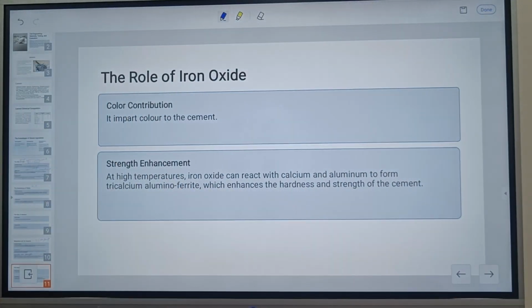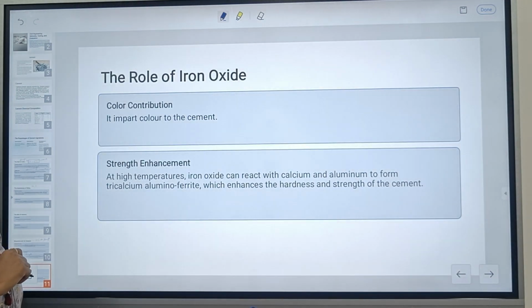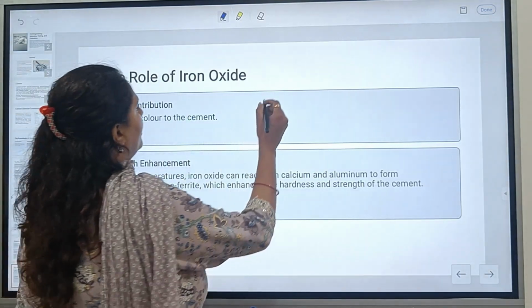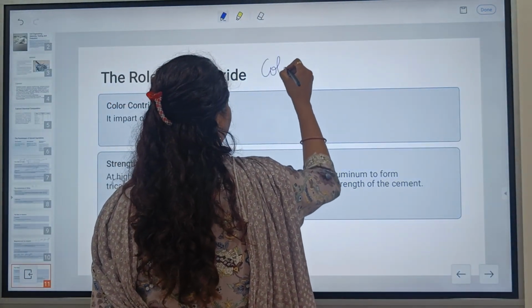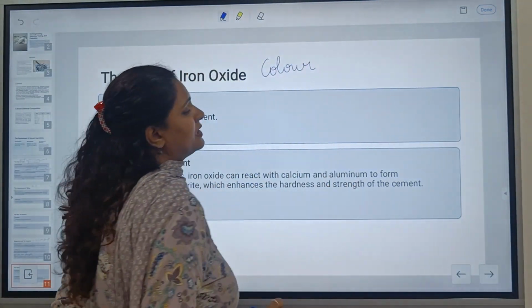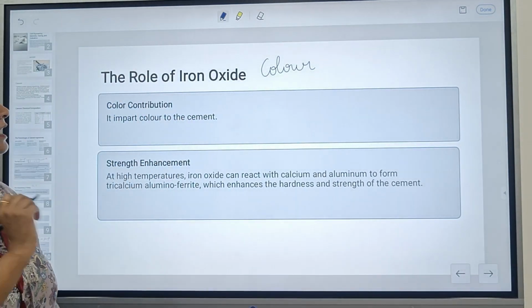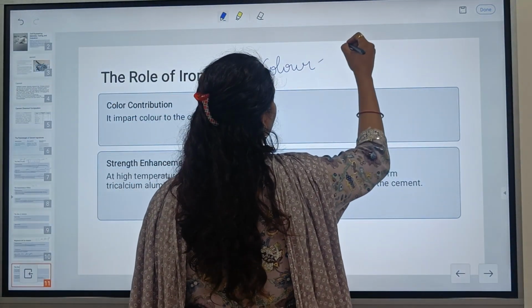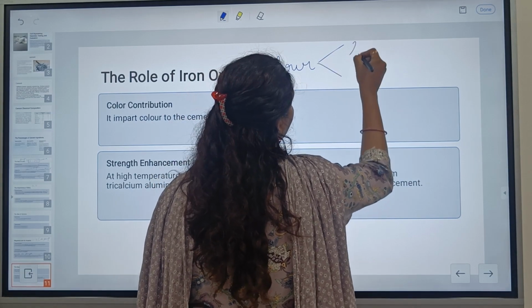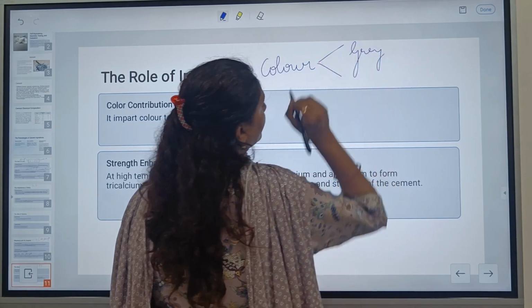Now what is the role of iron oxide in the contribution to the cement? It imparts color. It imparts color to the cement, as we know that it is of grey color.